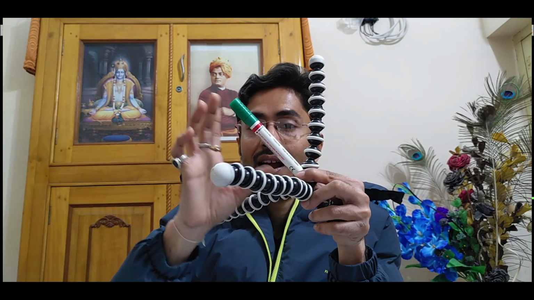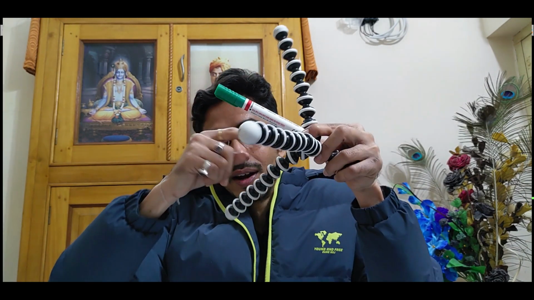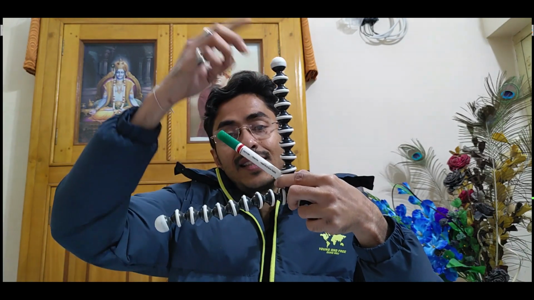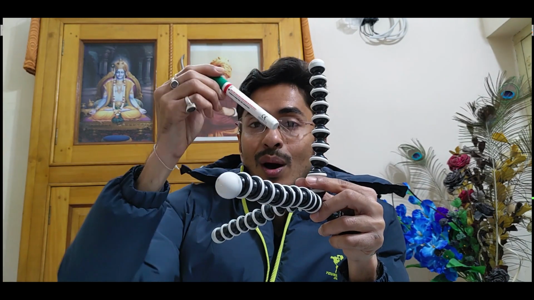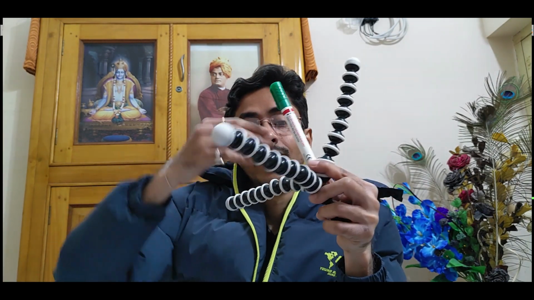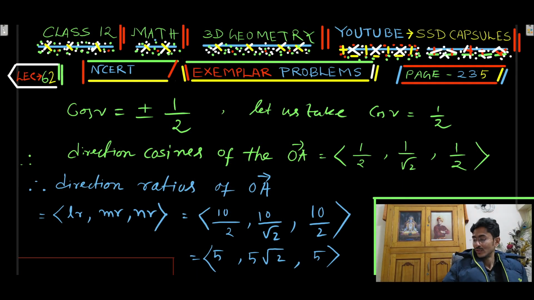That is, direction ratios of a vector are nothing but the components of this vector along x-axis, y-axis, and z-axis, and also they are nothing but the projections of this vector on x-axis, y-axis and z-axis. Those three points we have discussed in our previous lectures. So you should not skip any lectures to understand all the concepts.